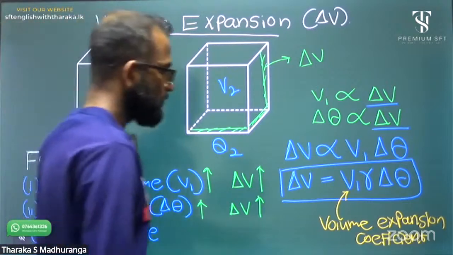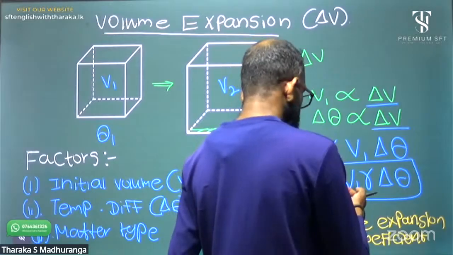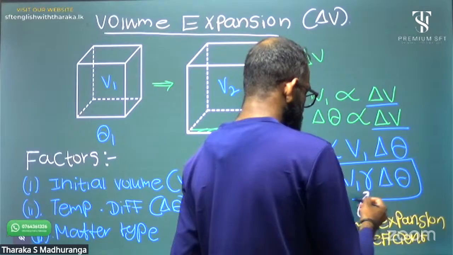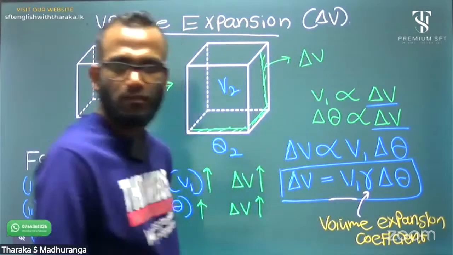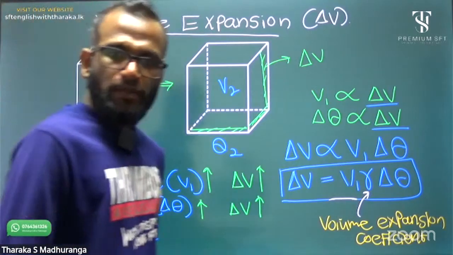Sorry, not V1. The arrow has changed. Gamma is the volume expansion. Complete.